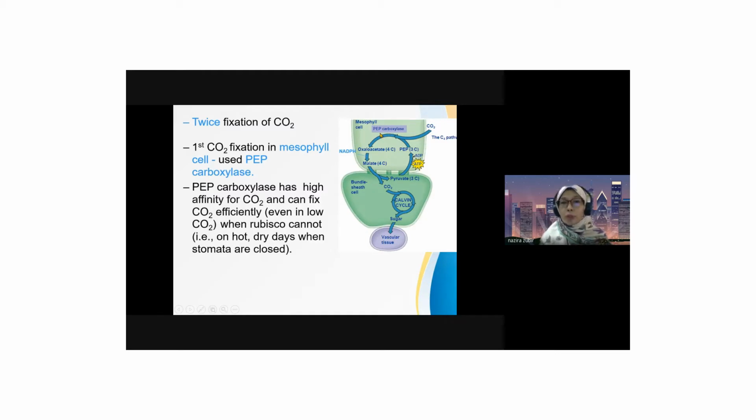Unlike Rubisco, which cannot fix CO2 at low levels, so it only fixes oxygen. As a result, it causes photorespiration instead of the Calvin cycle, and it cannot produce sugar or glucose. It reduces the photosynthetic output through photorespiration.